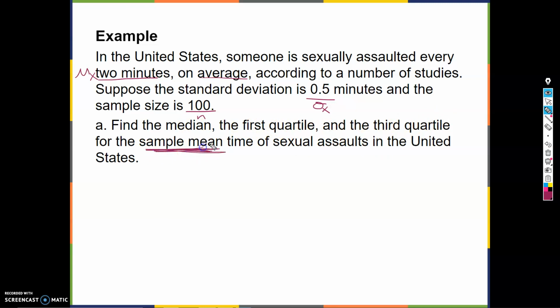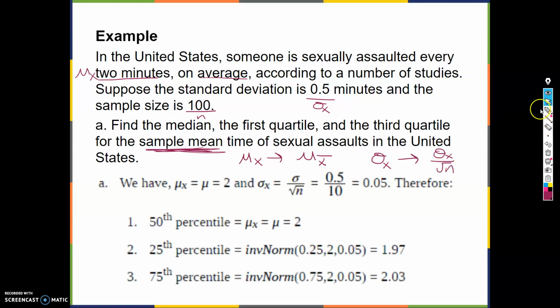Therefore, we are in a mean environment, which means our mu stays exactly the same. Our standard deviation is now the standard deviation divided by square root of n. So mu is 2, and it's going to stay 2. The standard deviation is 0.5 divided by 10.